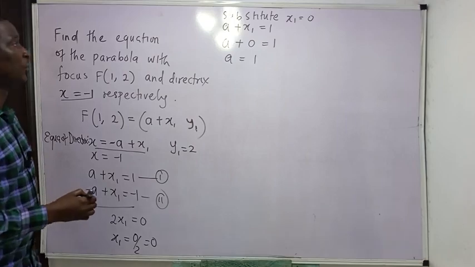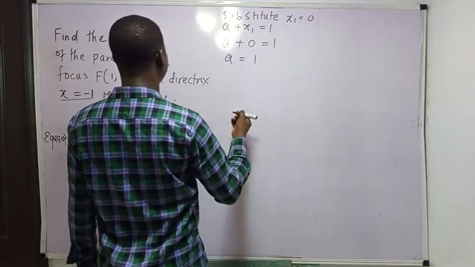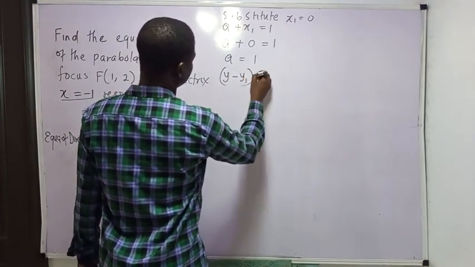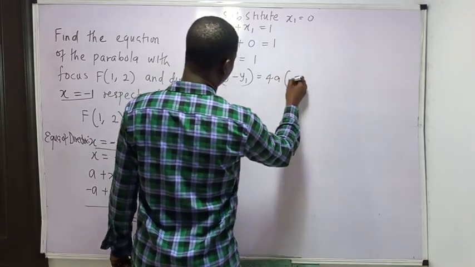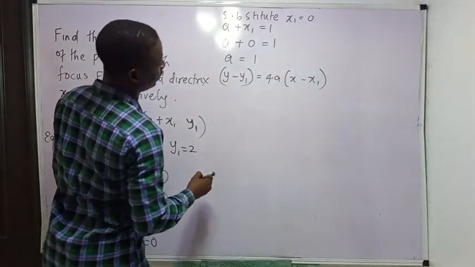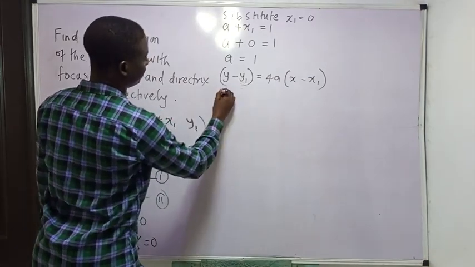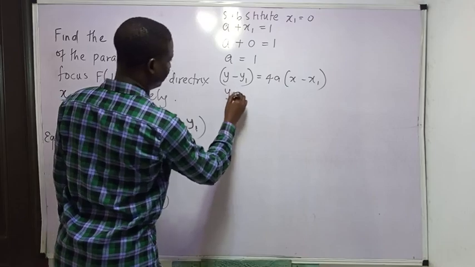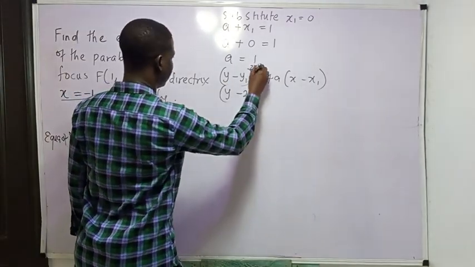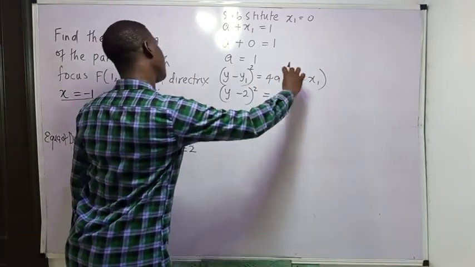So if you have gotten your a to be 1, you can go ahead to say that (y minus y1) squared equal to 4a times (x minus x1). So in that case, you have (y minus 2) all squared. There should be a square here. And why am I using this formula?